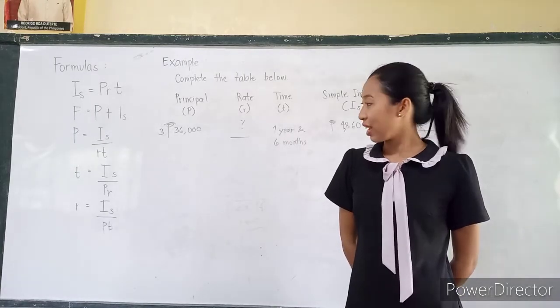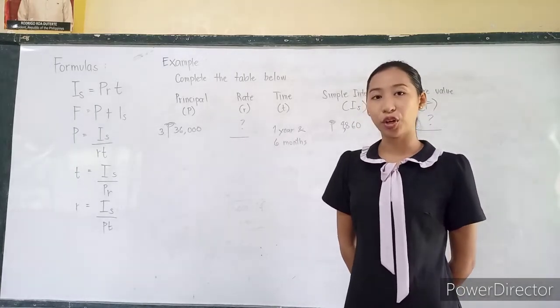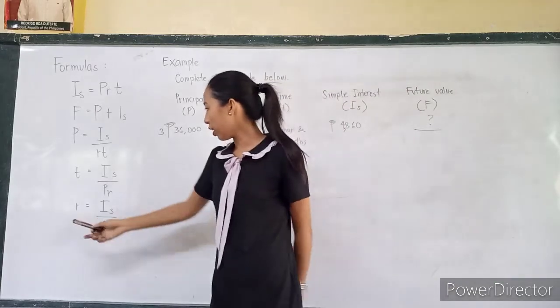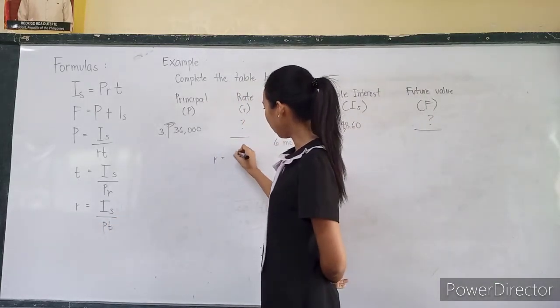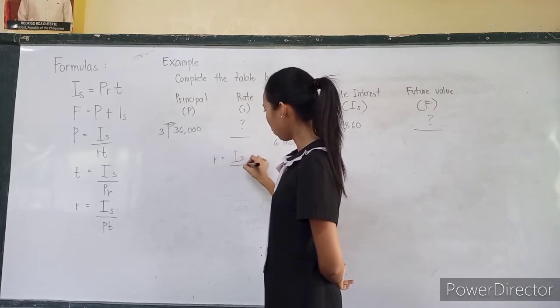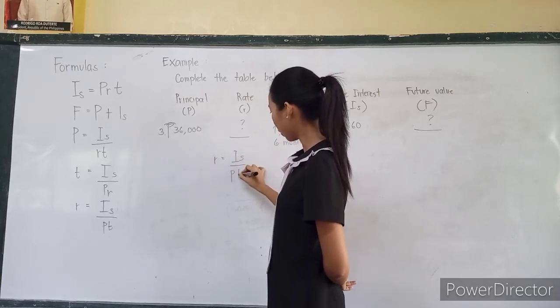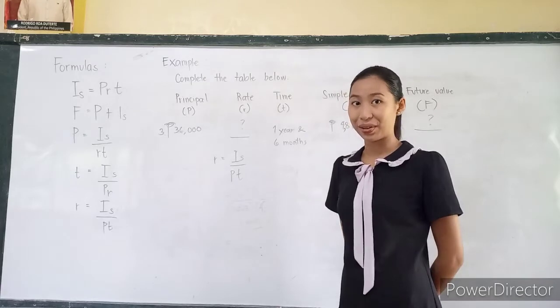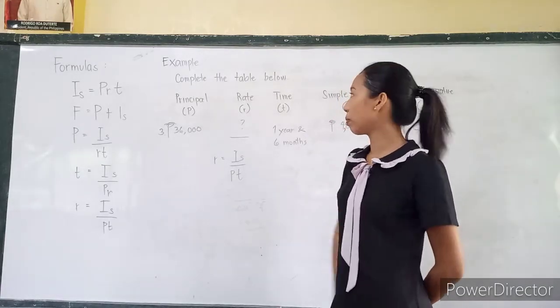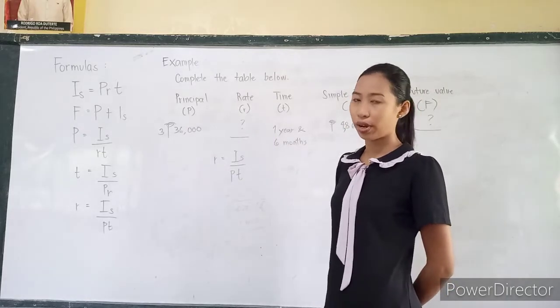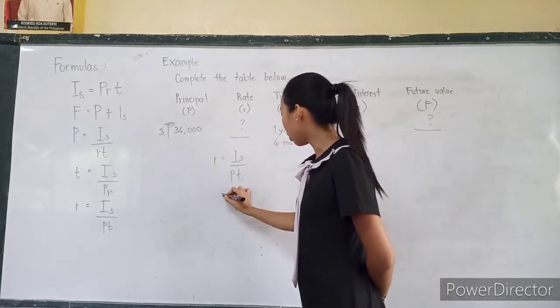Correct. It's the last formula, which is R is equal to IS over P times T. Okay? So, karon ato na siyang gamito ng formula para makita natin si rate.